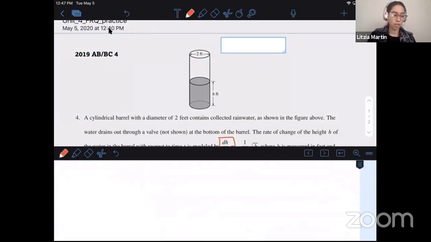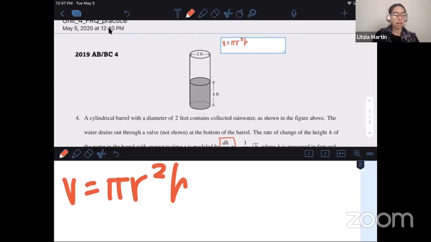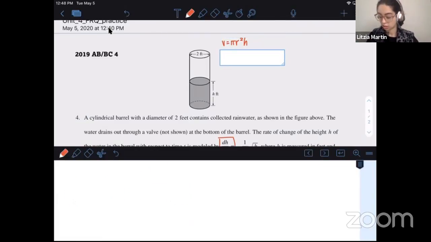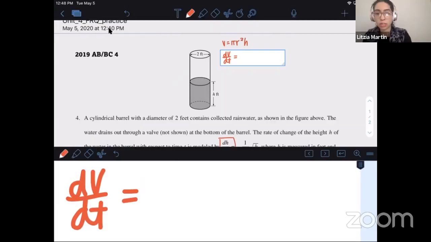So if V is equal to pi r squared times h, in order to find dV/dt, we will take the derivative. Derivative of V will be dV/dt.